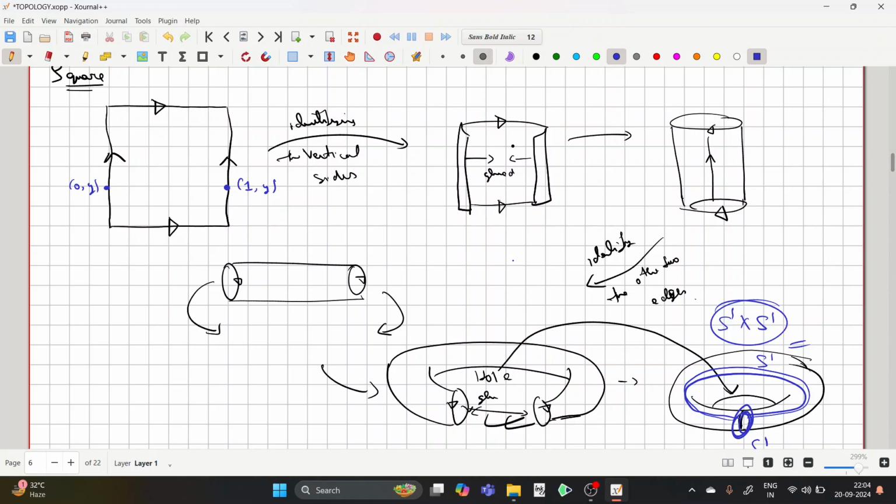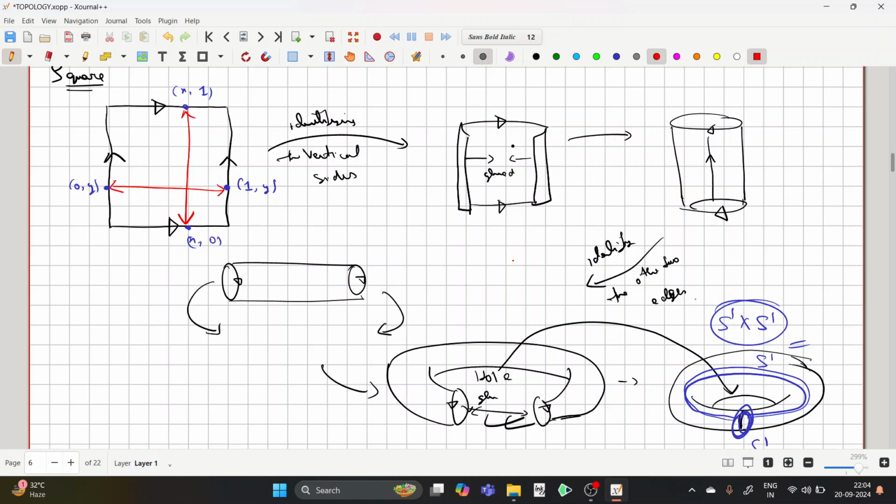A point here will be of the form x1, and a point here will be of the form x0. So we are identifying these 2 points, and we are identifying these 2 points for all y's and for all x, and all the other points are left apart.